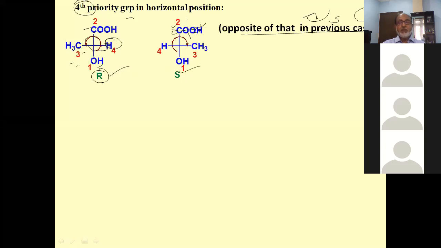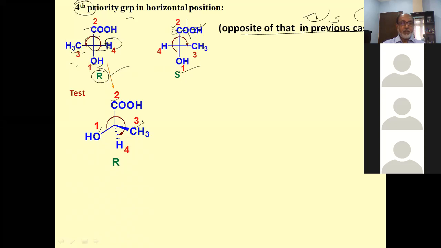Here also, we should not take it for granted. We have to verify it by wedge projection. Let us see. So test it by writing wedge projection. So what is wedge projection of this one? COH is here, OH is here. And this side CH3 is coming here.